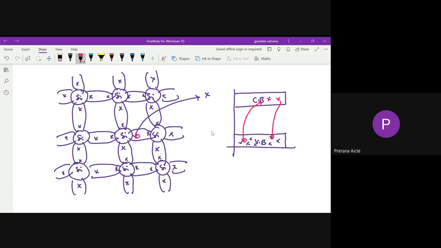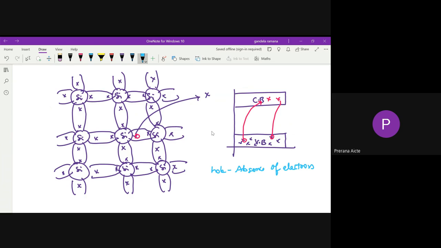What is a hole? Hole is an absence of electron. Absence of electron is called a hole.